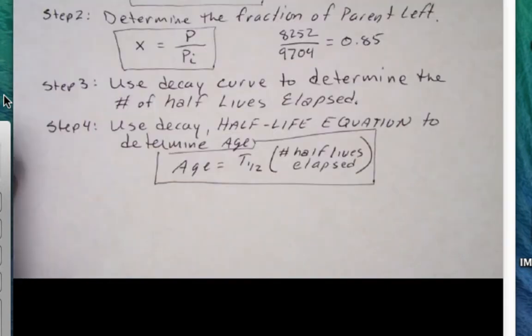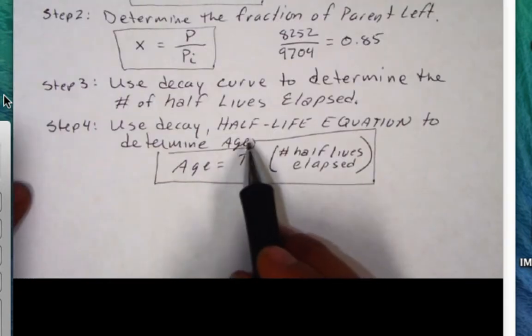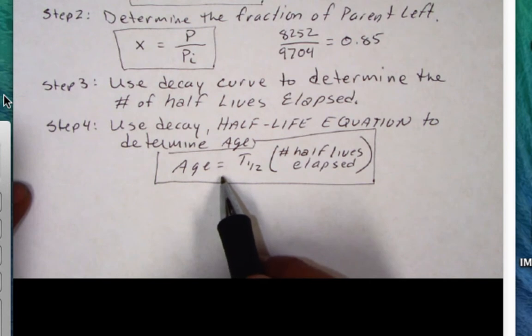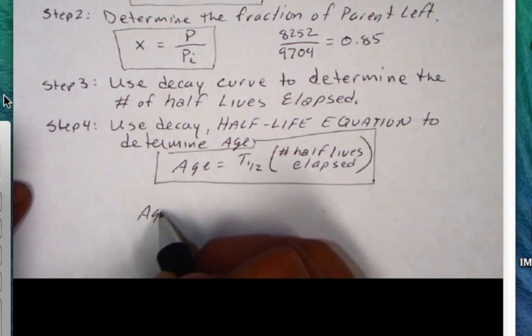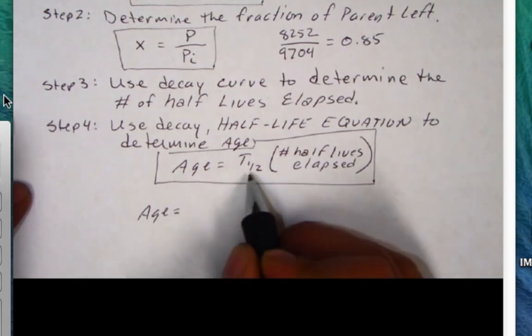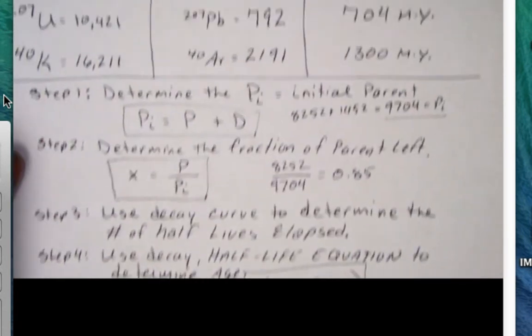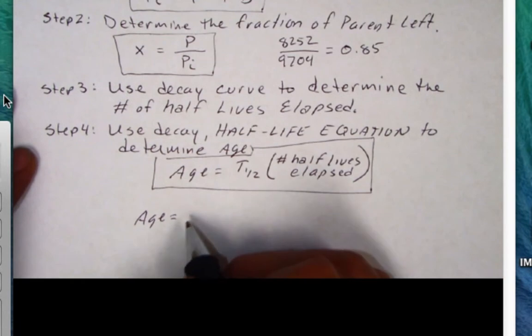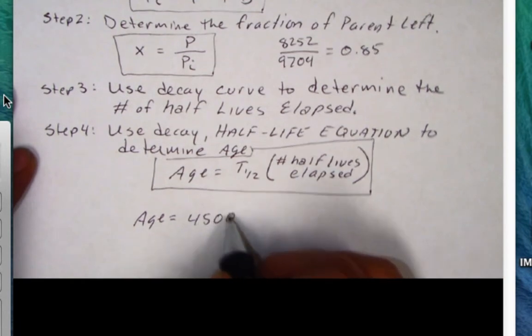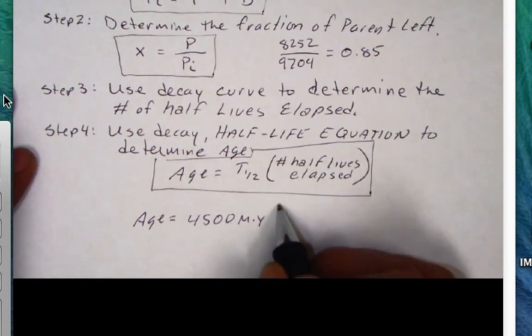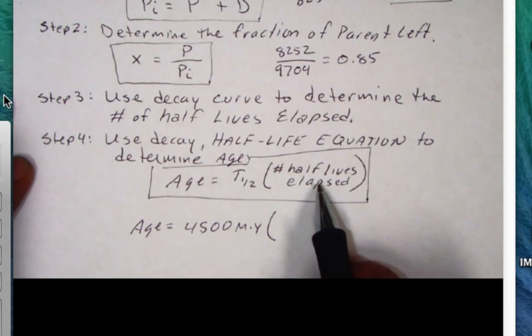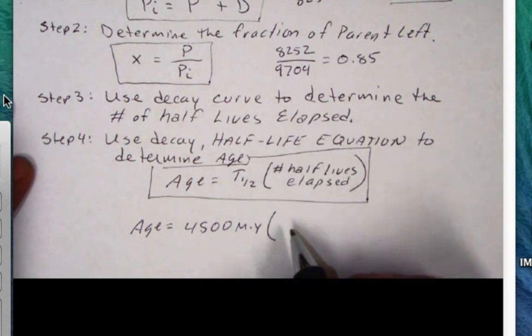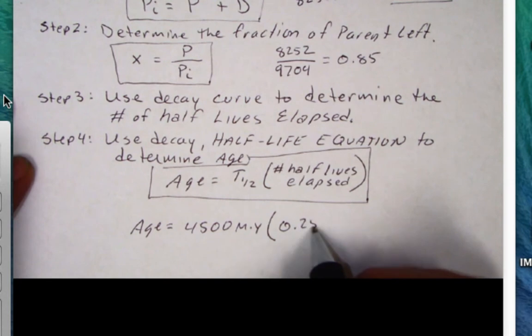So let's go back to our problem over here. And so now we're going to use the half-life equation. So the age of the sample is going to be the T1/2 for this particular sample. Remember, it was 4,500 million years, so that's always going to be given. So we'll put 4,500 million years, and we're going to multiply it by what we just calculated from the graph, which was 0.25 half-lives, right?